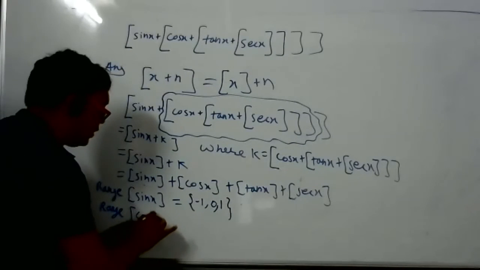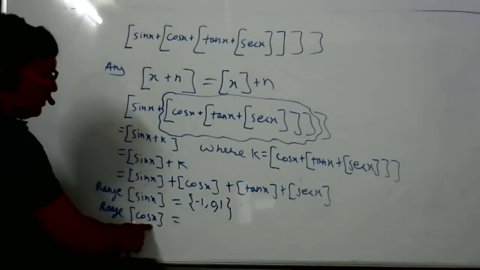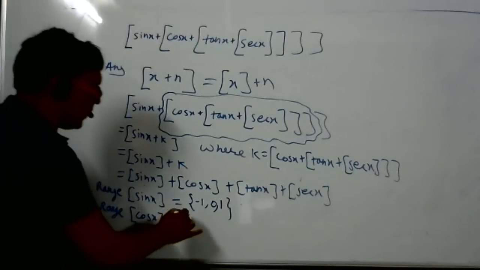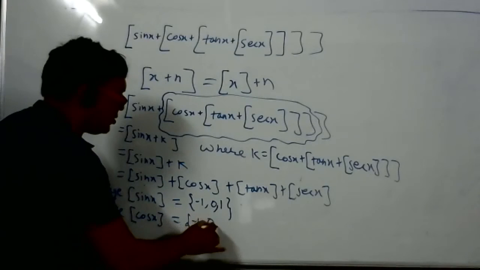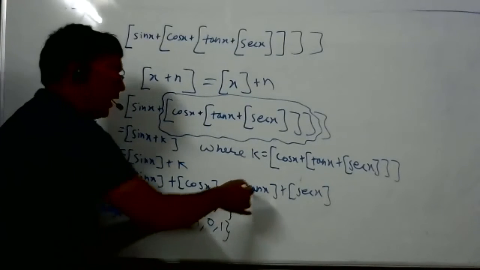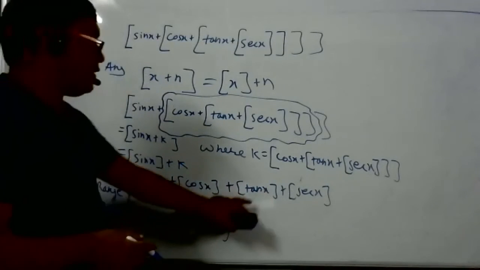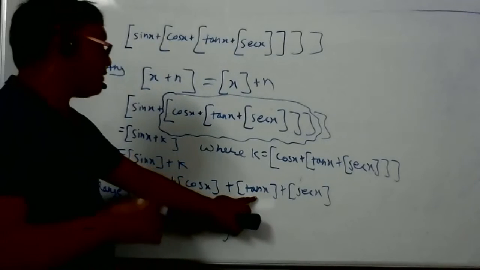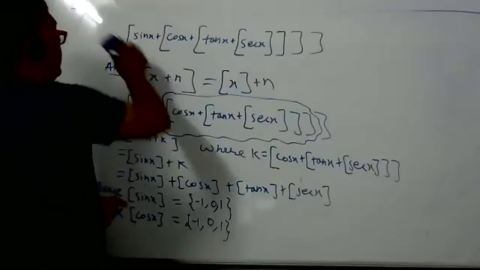And here also, see, whatever you take for cos, the greatest integer will be either -1, sometimes we can get 0, sometimes we'll get 1. For tan x, what is the range of tan x? Minus infinity to infinity, real numbers. In that, if you put the greatest integer, what will we get? We'll get only integers.